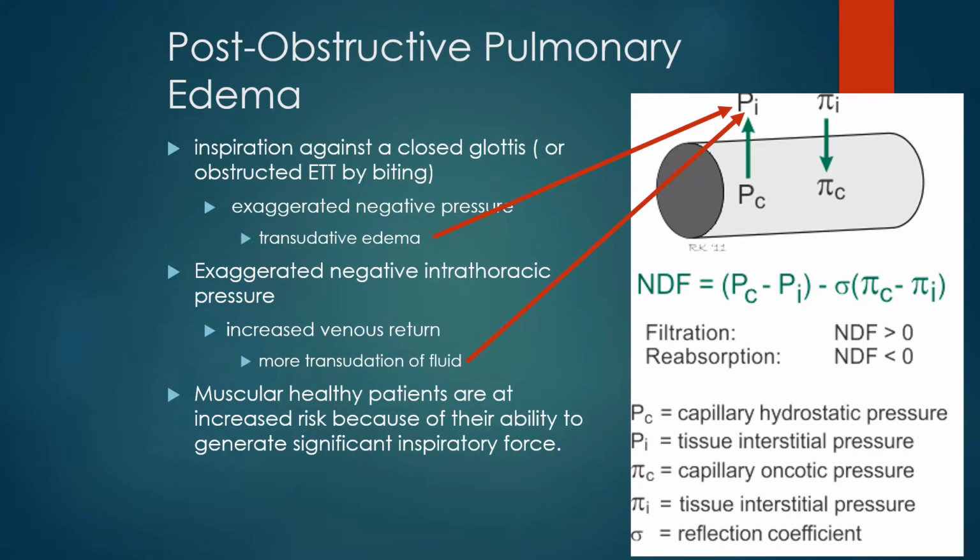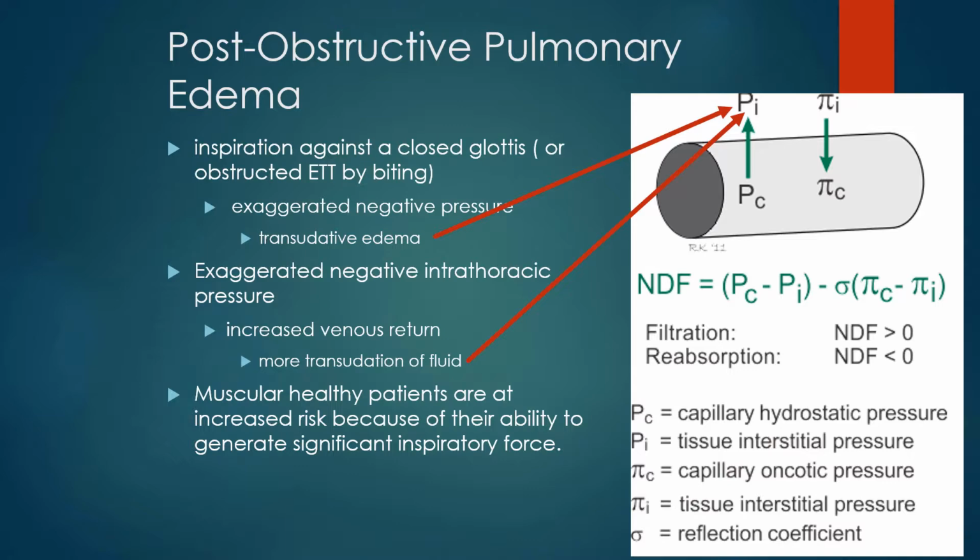Post-obstructive pulmonary edema, or negative pressure pulmonary edema, is a rare cause of hypoxemia in PACU. It is a transudative edema that happens because of the exaggerated negative pressure generated by inspiration against a closed glottis. This exaggerated negative intrathoracic pressure increases the venous return, which also causes the transudation of fluids in the lungs. The highest risk patients are muscular, healthy patients because of their ability to generate significant inspiratory force.